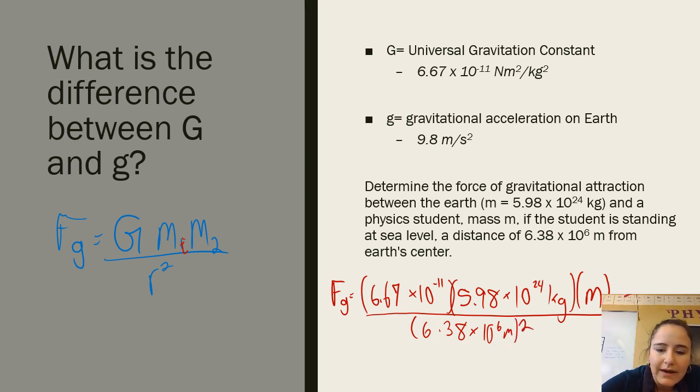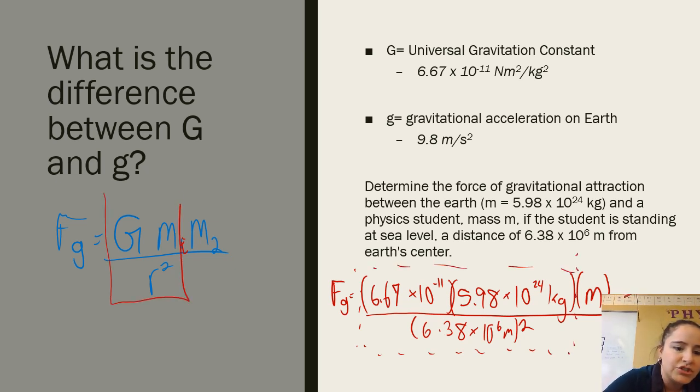So basically, when I calculate this right now, I'm really only calculating this part of the equation, this G m over r squared. So I'm going to plug that into my calculator. 6.67 times 10 to the negative 11 times 5.98 times 10 to the 24th divided by that radius, 6.38 times 10 to the 6th squared.